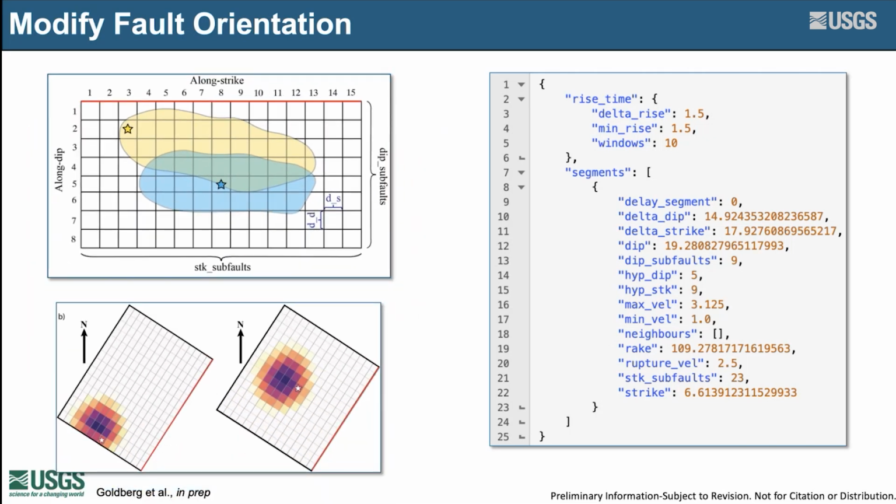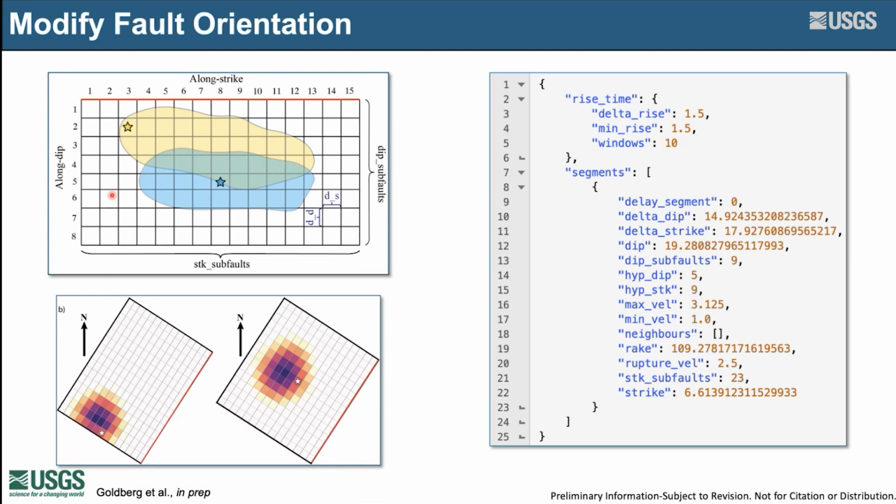So here's an example of an automated run I did recently that incorrectly identified this as a unilateral rupture and shoved all of the slip all the way into this corner. By making modifications to that hypocenter coordinate in the following run, I was able to get the entire slip distribution more or less centered on my fault plane, allowing us to know that we captured the full rupture asperity.